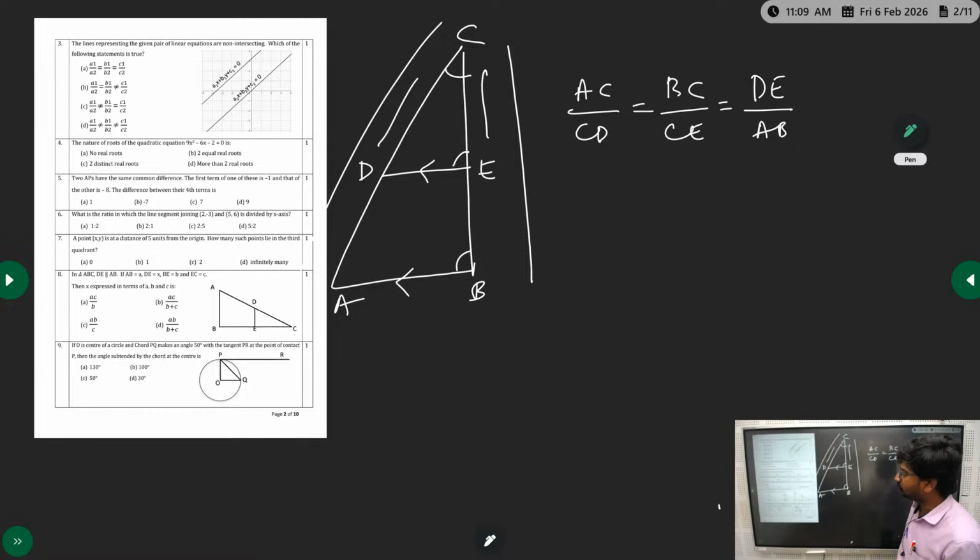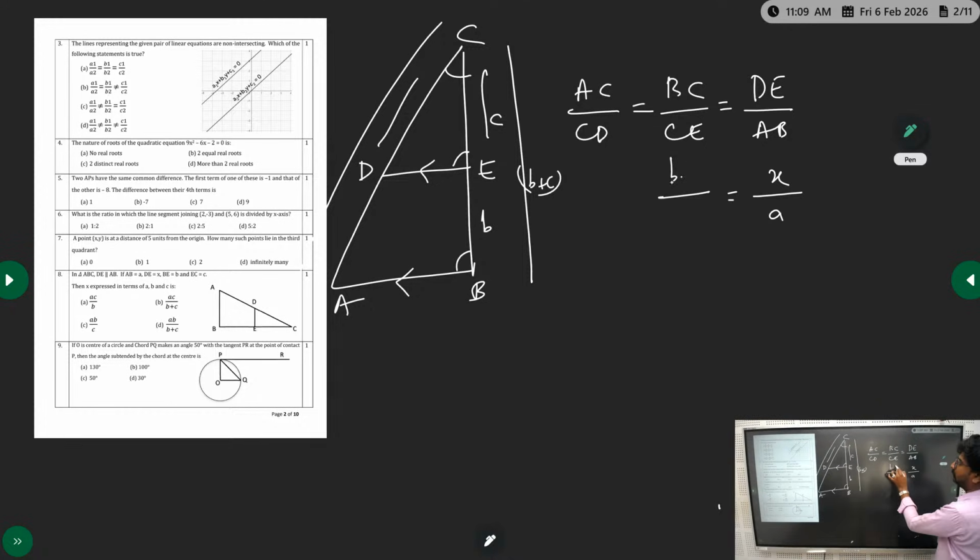What are the values given in the question? AB value is A. Then DE value is X. Then BE value is B. And EC value is C. Total BC is B plus C. Then the CE value is again C. There is no AC and CD value given, no?